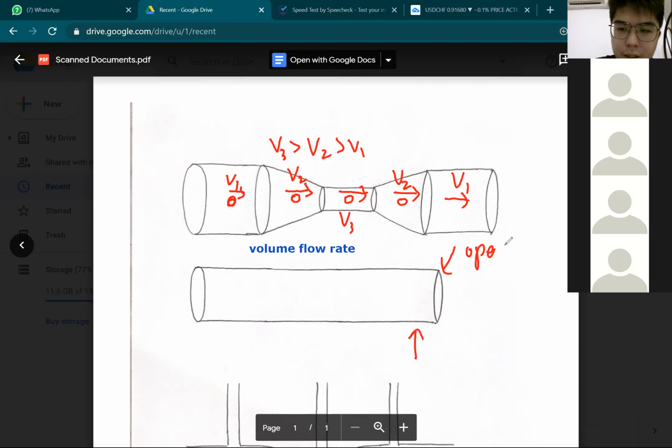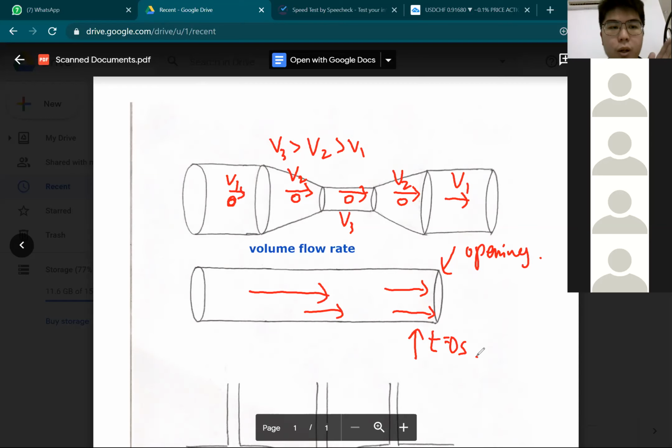Let's say we take a stopwatch, and when the water flows here and reaches the opening, let's take that instant as t equals 0 seconds. t equals 0 is when the water is reaching the opening, not coming out of the pipe yet. Imagine this is a hose, something like that.